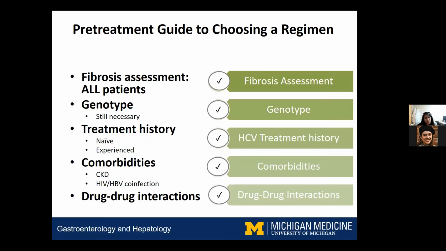So some things to keep in mind would be co-infection with HIV, screening all patients also for hepatitis B, and also just being aware if they have chronic kidney disease, although this isn't as much of a deterrent as it was in the past. And then finally, having a careful review of the current medications a patient's taking and monitoring that on treatment, because there is a potential for drug-drug interaction with some of these medicines, but there are easy ways to do this that I'm going to show you how to do.